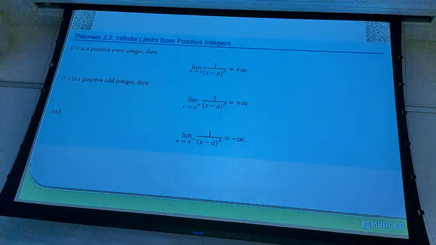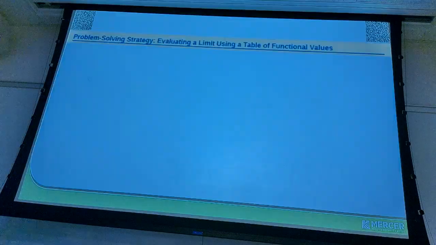Then values on the right side of A, what is f for those values? And determine the limit. If they seem to be going to the same thing, that's your limit. Again, that is always just numerical. It's still just an estimate, because what it does at A is irrelevant. Right, and that is this process.